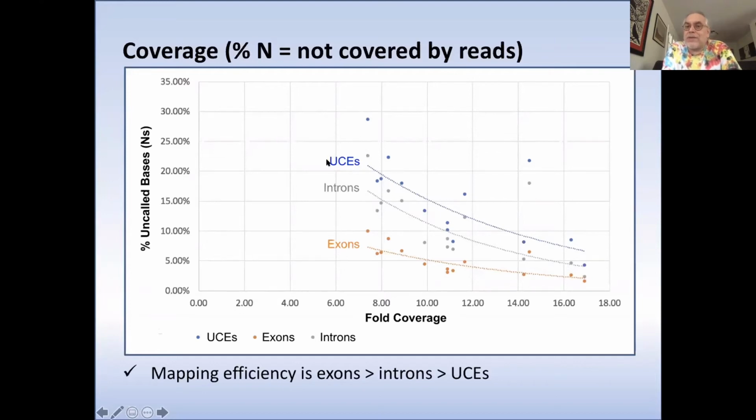The last of these sort of surprised me because we think of these as, well, ultra conserved. But remember, we're going a kilobase out of the actual conserved region. We see a nice exponential decay in all cases in the uncovered data as we go up in fold coverage based on the amount of sequence.